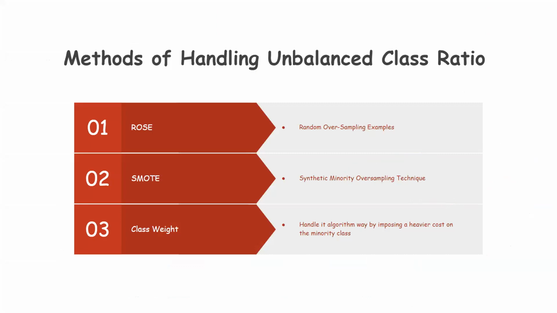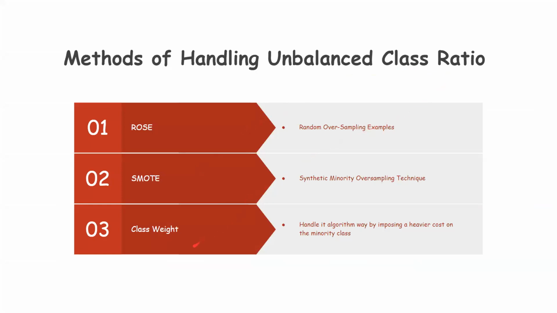Right. So the methods of handling the unbalanced class ratio are using ROSE, SMOTE, or class weight, where ROSE stands for random oversampling examples and SMOTE stands for synthetic minority oversampling technique. Both of these techniques handle this unbalanced class ratio from the data method, where you can do some oversampling or some undersampling.